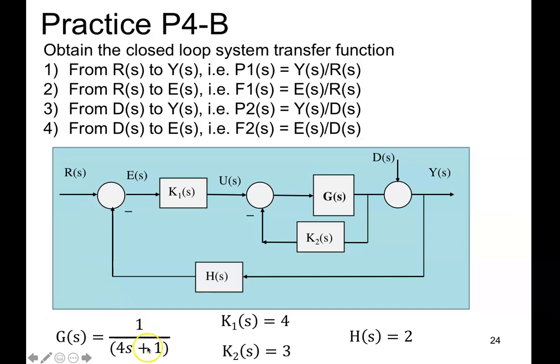The transfer functions of G, K1, K2, H are all given there. What I'd like you to do is derive the transfer functions from R to Y, from R to E, from D to Y, and from D to E. Thank you.